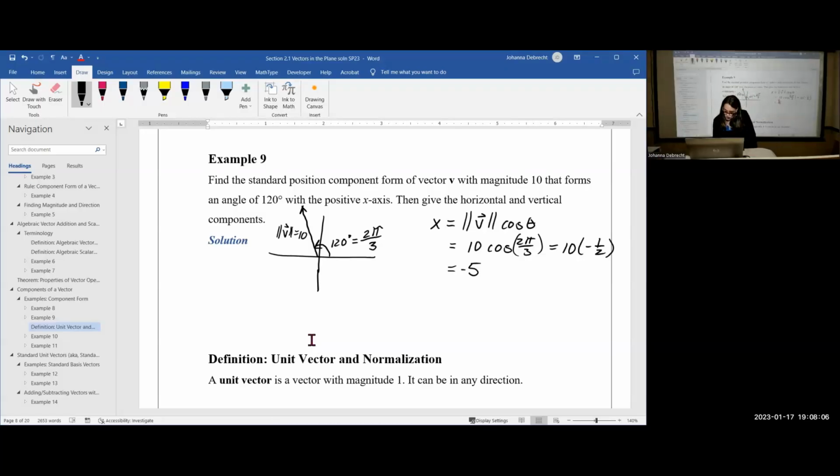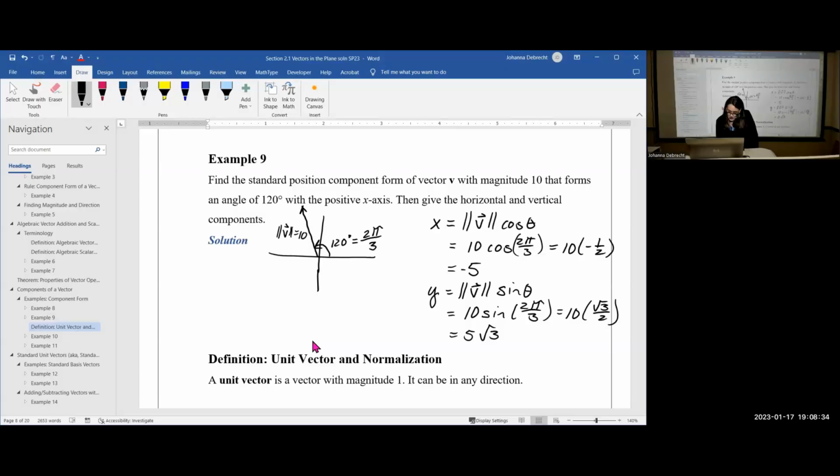And then the y is going to be given by the magnitude of the vector, which is 10, times the sine of the angle, theta. So this is going to give me 10 times the sine of 2 pi over 3. And the sine of 2 pi over 3, I said, was square root of 3 over 2. And of course, y is positive in quadrant 2. And so this gives us 5 square roots of 3, right?